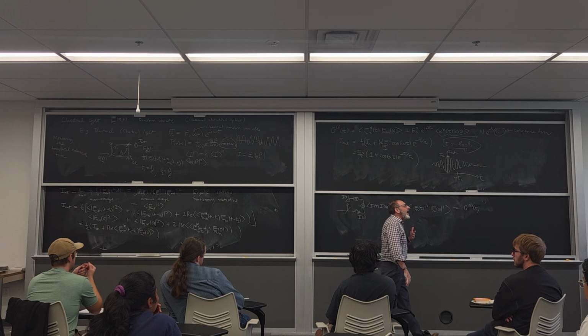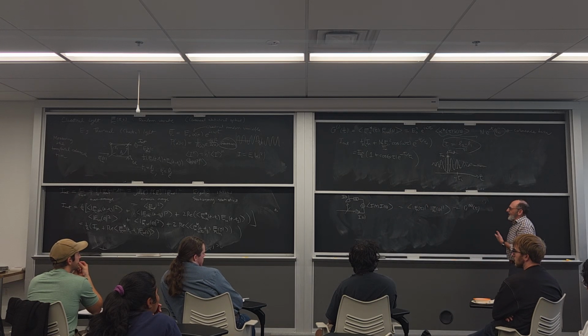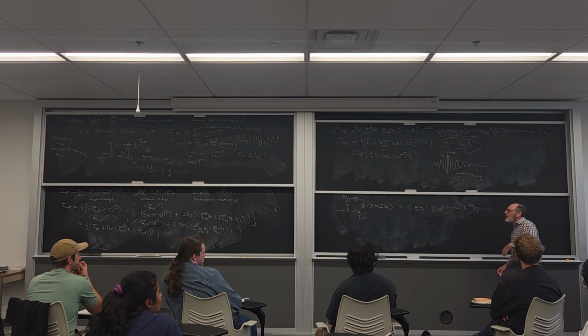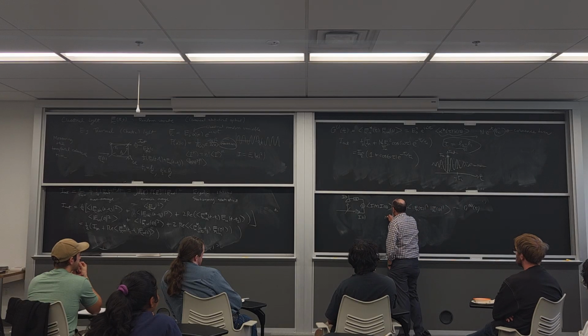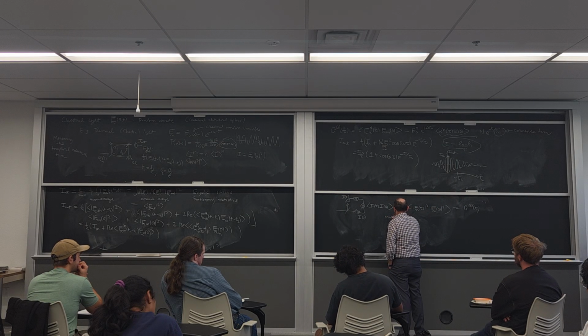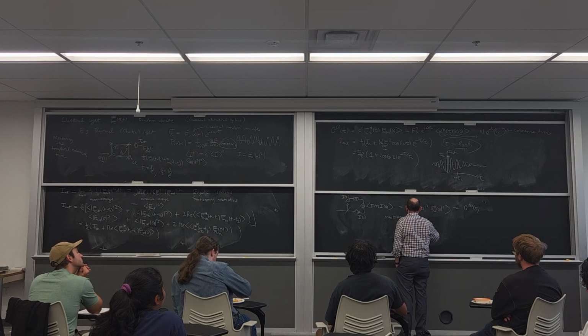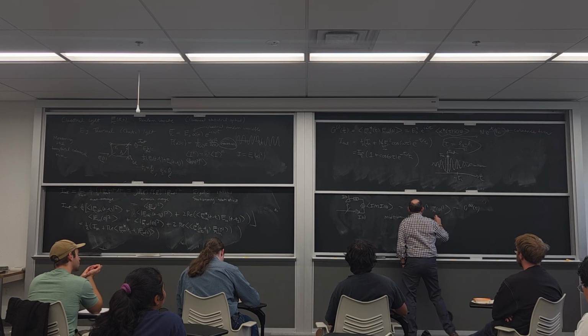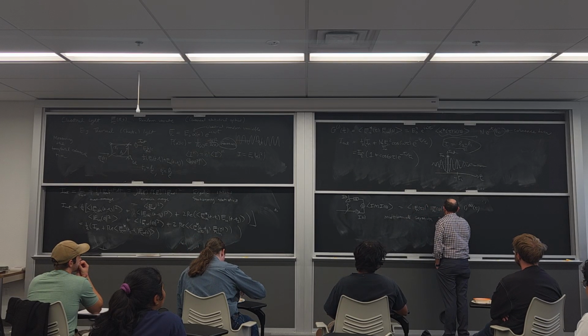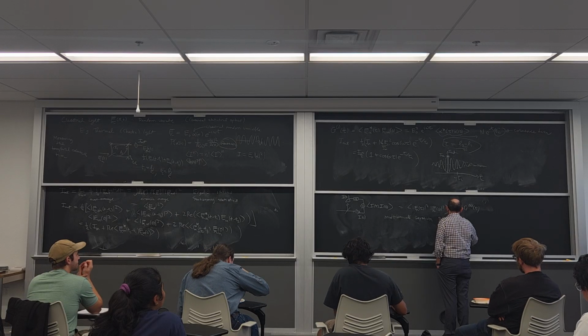And by a version of what's called Wick's theorem, if I have a multivariate Gaussian, so I have some probability distribution of, let's say, 4 variables.